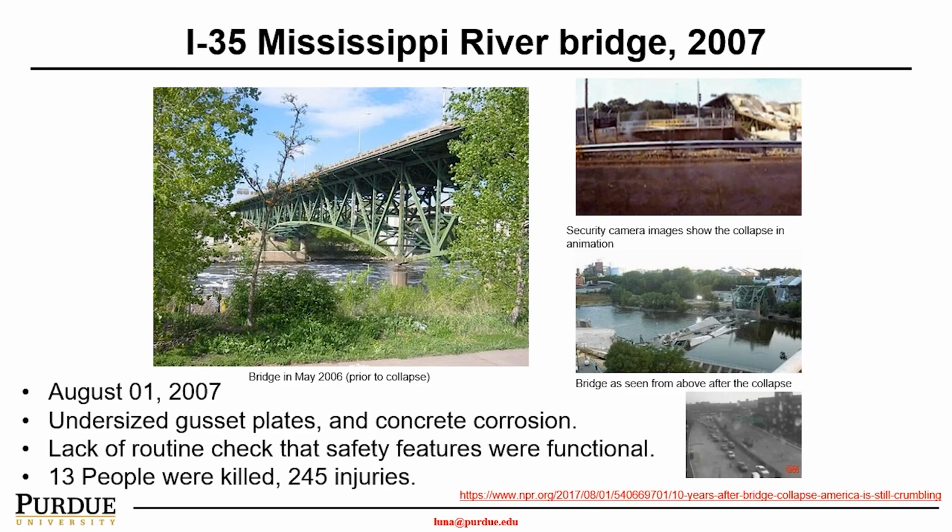This is much to be attributed to the design error, an undersized gusset plate, and also the lack of routine checks for concrete and steel corrosion. Some cracks clearly appeared on the bridge, which were not identified.